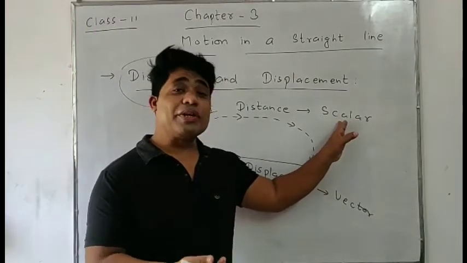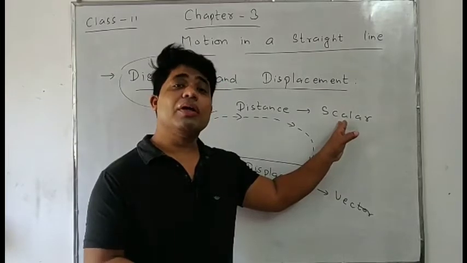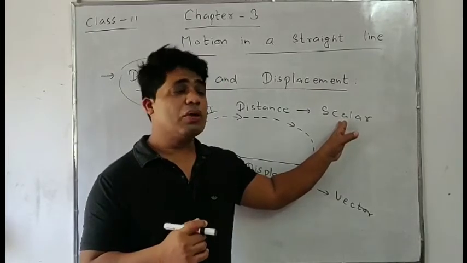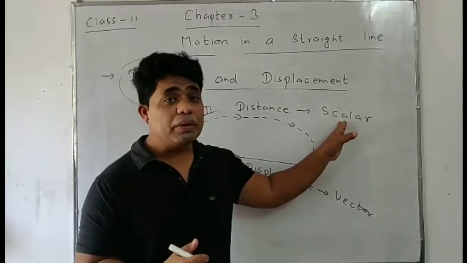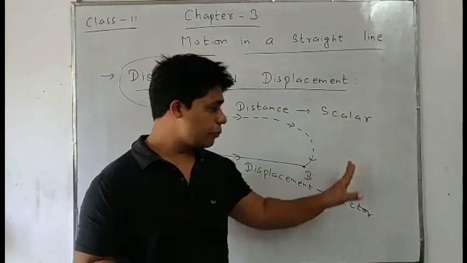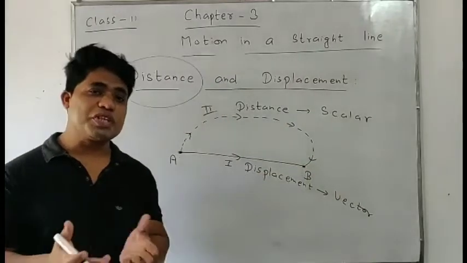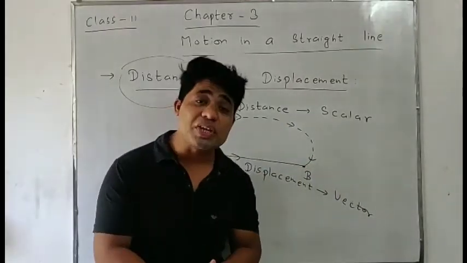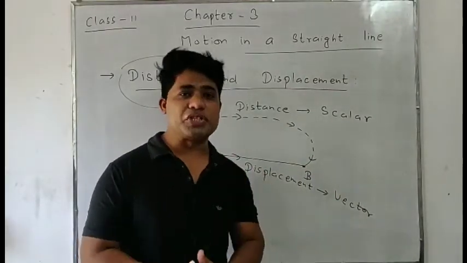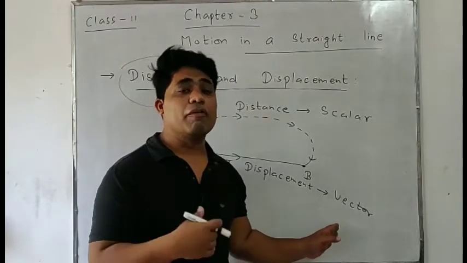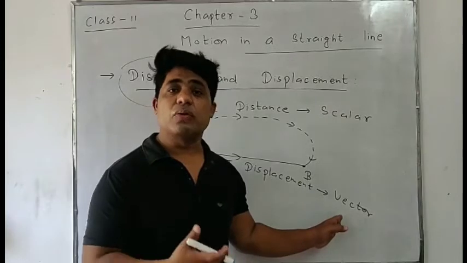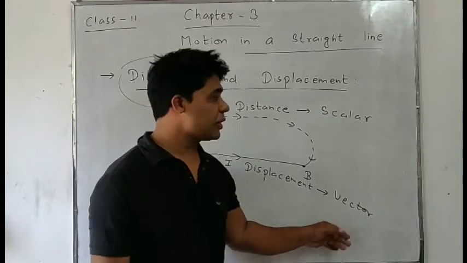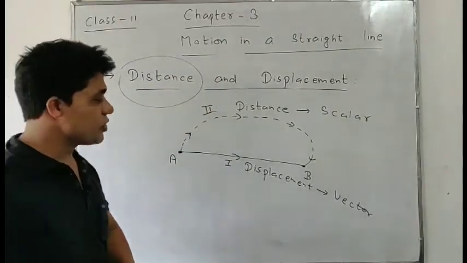Examples are mass, distance, speed. On the other hand, what is a vector? Those physical quantities that require magnitude as well as direction for complete representation are said to be vectors. Examples are velocity, displacement, acceleration, force. We'll discuss that in a further chapter.